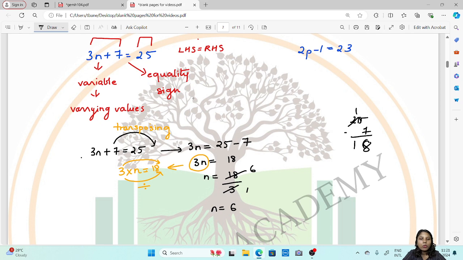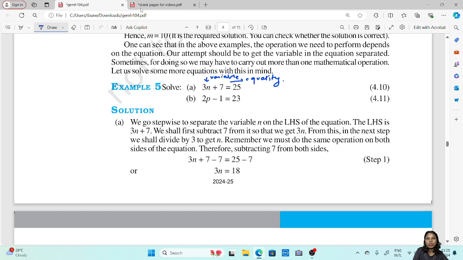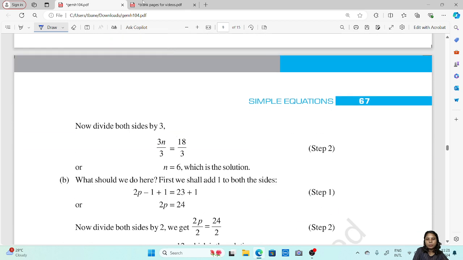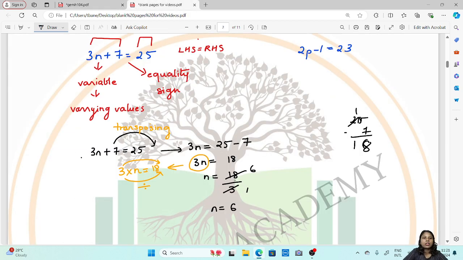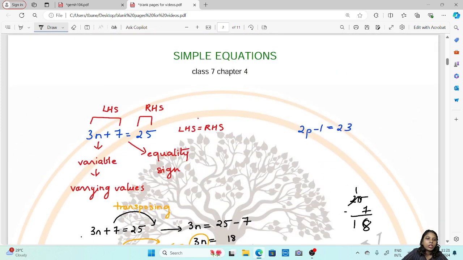Now we can check our answer, but before that, let's go ahead and solve the next problem, that is this one. Then we'll check for both of them. The first step is to transpose this minus 1 to this side, so it will become plus 1. 2p equals 23 plus 1, so here we'll get 24.